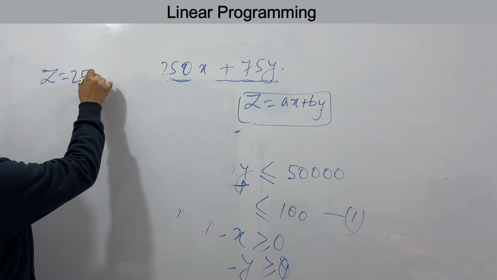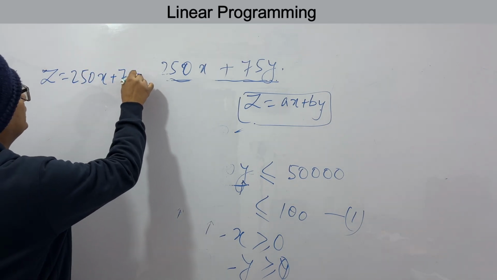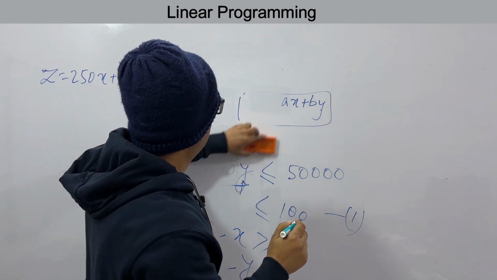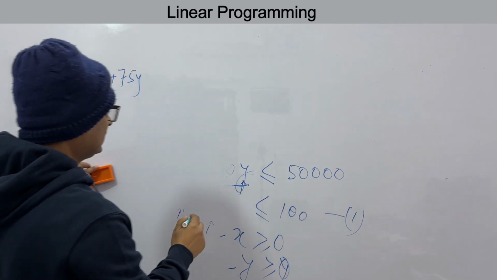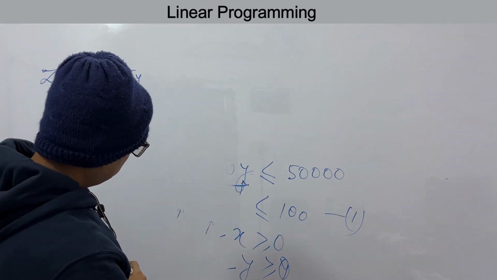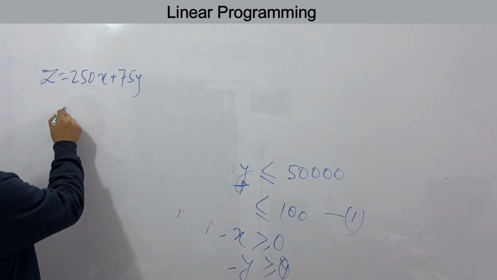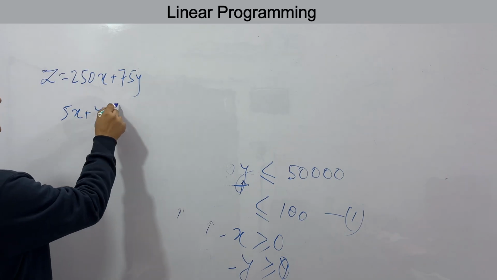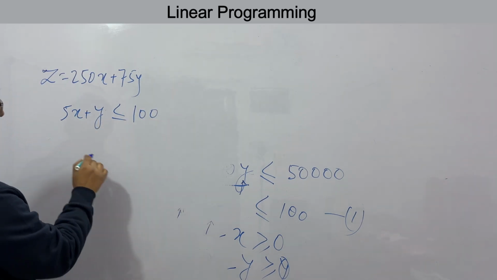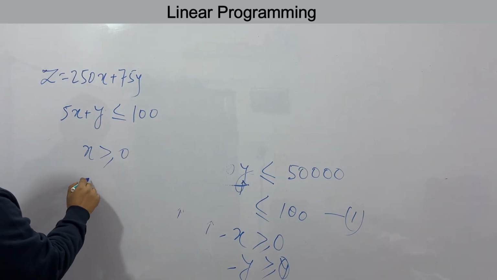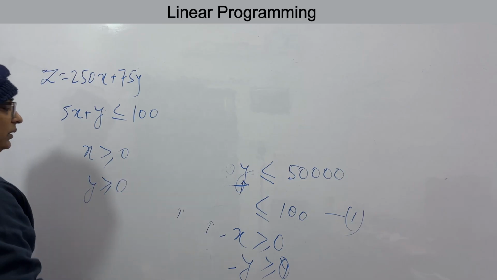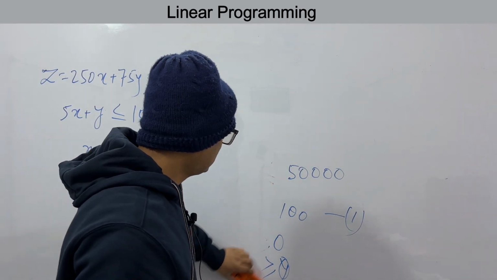This is 250x plus 75y. This is our objective function. And what are the constraints? The first constraint was 5x plus y less than equal to 100. X is greater than equal to 0 and y is greater than equal to 0. So these are our constraints.